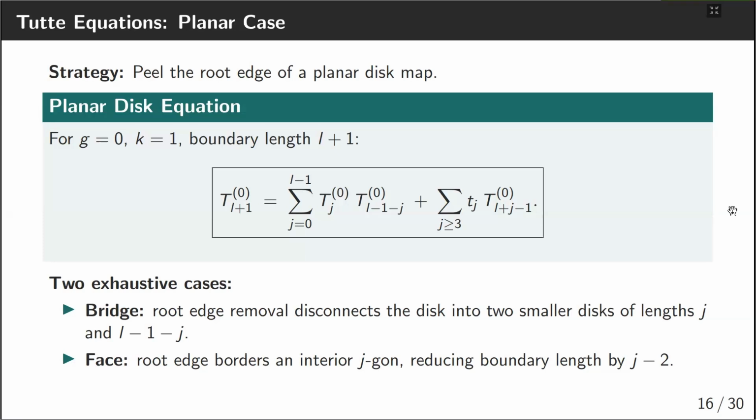You go down by 1, that's a root edge removal that disconnects the disk into two smaller disks. If the root edge borders an interior J-gon, then you reduce the boundary length by J minus 2. That's a face removal. So you have this recursion covering these two cases.